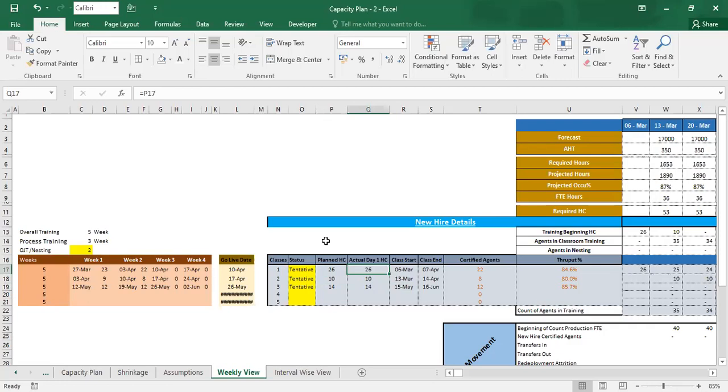But on induction, we are not getting that 26. We are getting only 20 on day 1 of the training. It happens that we do not get the complete number that we request to the hiring team, right?